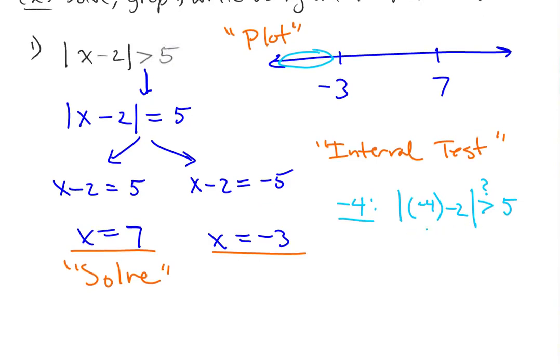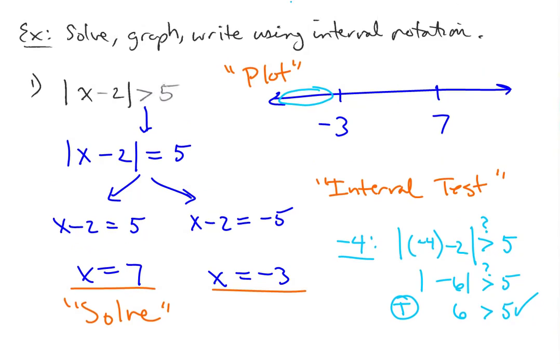Well, doing the simple arithmetic involved would mean we have absolute value of negative 6. We're still wondering, is that greater than 5? Well, the absolute value of negative 6 is 6, and therefore, yes, 6 is greater than 5, which means that's true. So what we're going to do is mark that interval as true by putting a capital T in its place. This is just one way to stay organized with it.